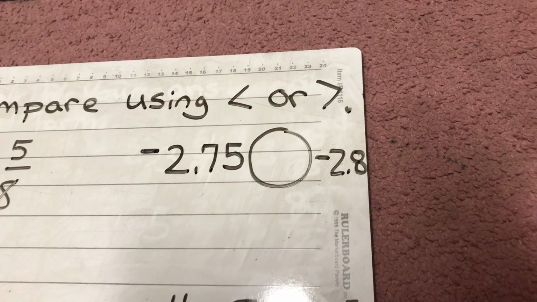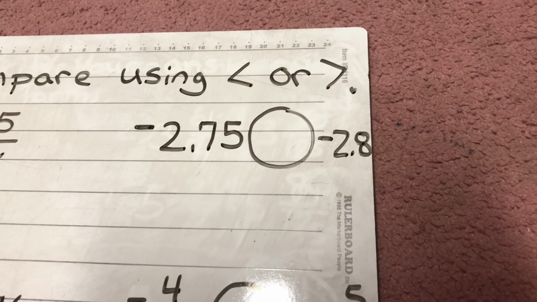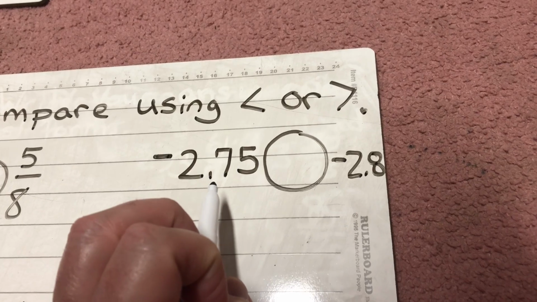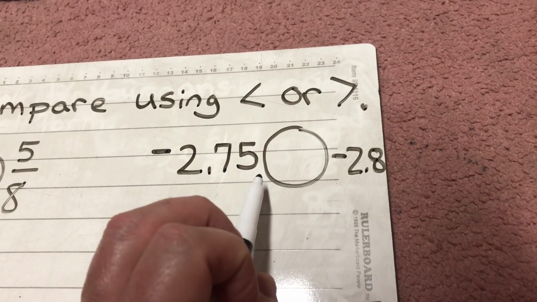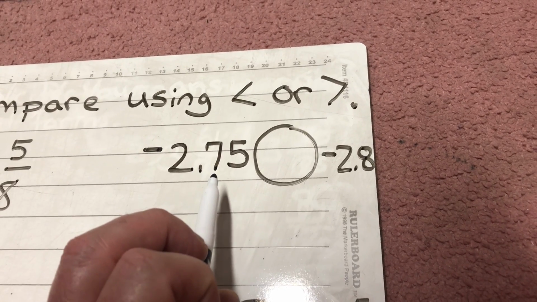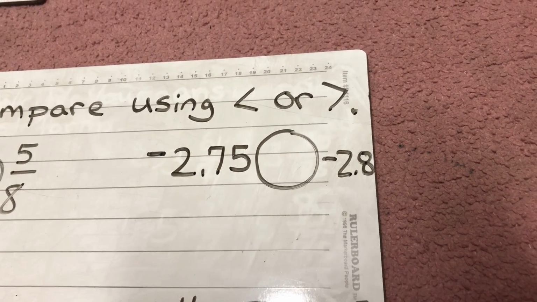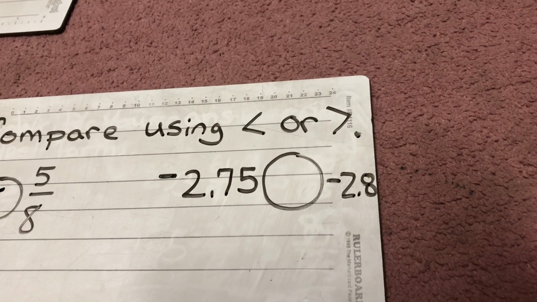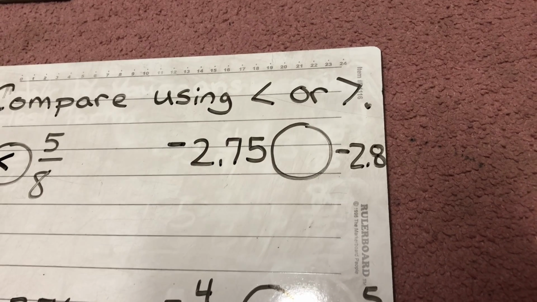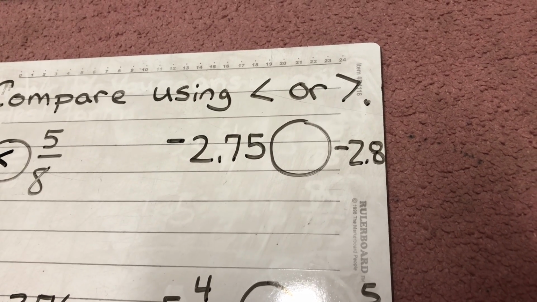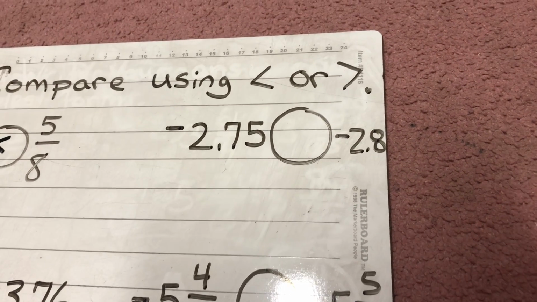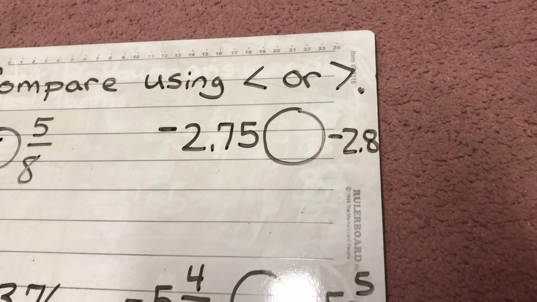Well, some of you real quick, if you're in a rush, and Mr. Swack always says, don't be in a rush, you might automatically think that because this is 0.75 and this is 0.8, that this one has to be bigger because 75 is bigger than 8. Don't think that way. Okay? What you do need to think about, and I bring it up anyway because technically in this example, you would get away with that because they are negative numbers.